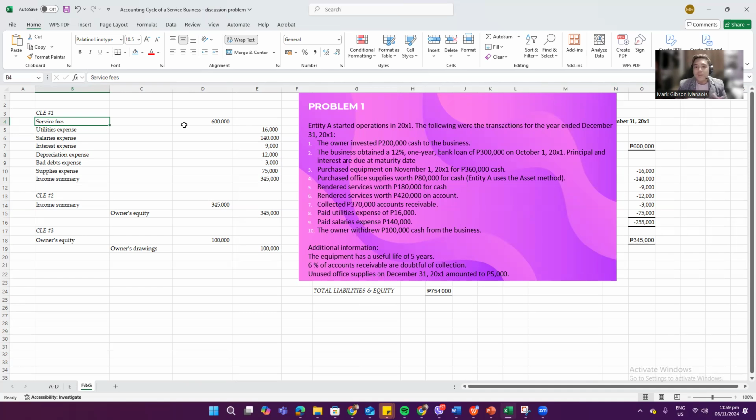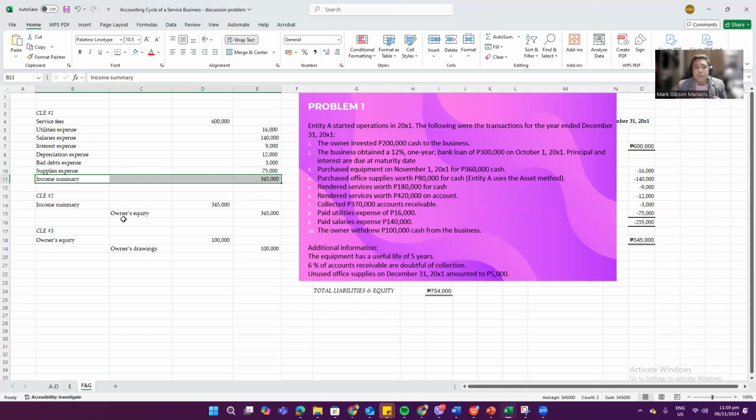In order for us to close this, we have to debit that to the income summary. Ito class compound entry na kasi yung ginawa natin dito. So, debit service fees and then all the expenses, we're crediting it. The net balance would be income summary account. No? So, basically what we're trying to do here is we're simply just closing all the P&L accounts to the income summary.